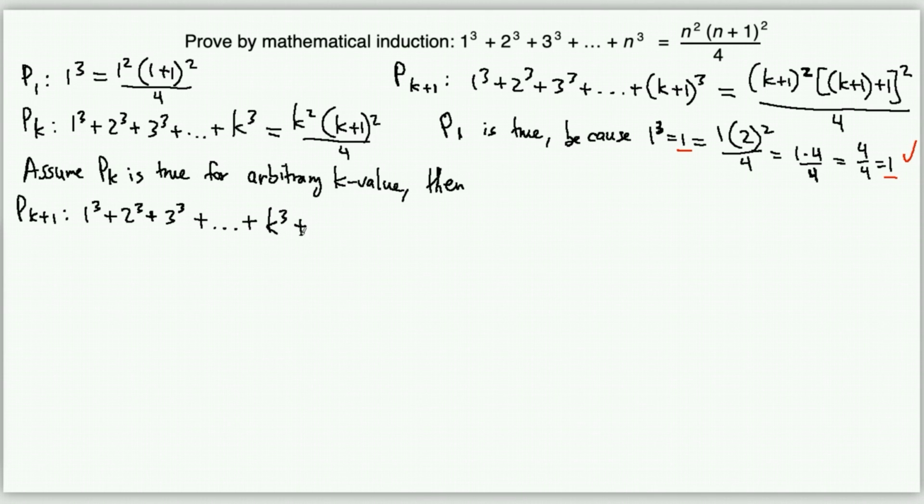K to the third, and then introduce one more term so that we're talking about Pk plus 1 under the same assumption for the Pk. Right, so it's going to be k plus 1 to the third, right? So basically we're copying this last term here. Is equal to this side, right? Let's make it look like that. So this is going to be k plus 1 squared times k plus 2 squared, right? K plus 1 plus 1 is k plus 2, divided by 4.